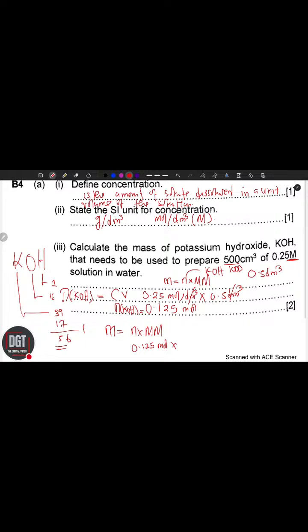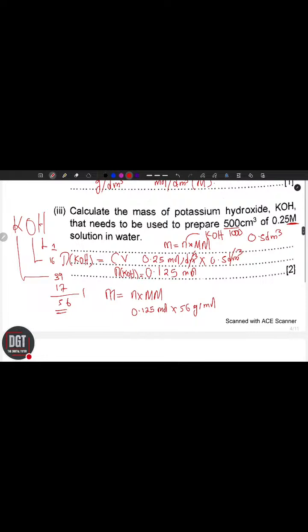What is 39 plus 17? Confirm. So the molar mass is 56, and that is gram per mole. When you multiply this, what are you able to find? Are you following up to this point?